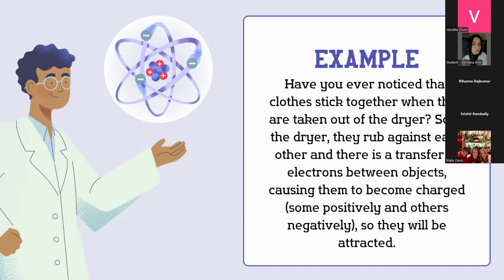And there will be a transfer of electrons between objects, and that will cause objects to have different charges, either positively or negatively charged objects. Now, some will be positive, others will be negative, and that is what will cause them to be attracted. And in this scenario, we see static electricity, but we also see electrostatic force.